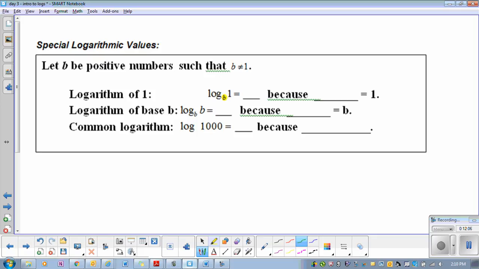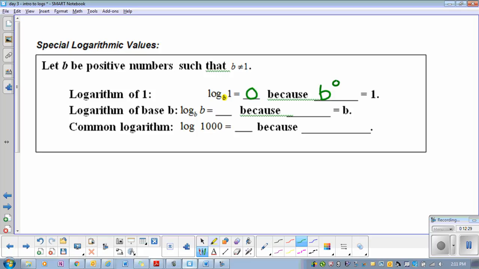B to the 0 power gives you 1. That's what it is when you guys are writing these logs from exponentials into logs, right? And that's a logarithm of 1, okay? Log base any number of 1 equals 0.